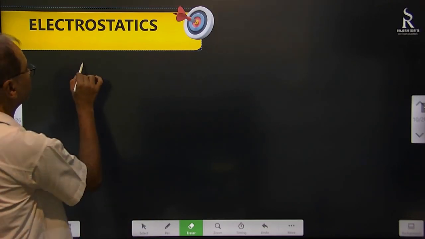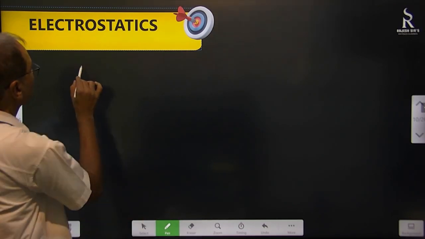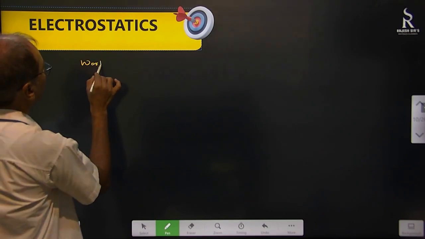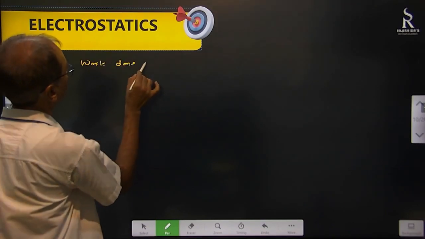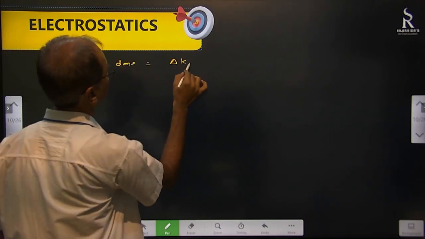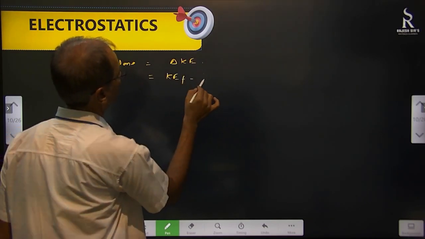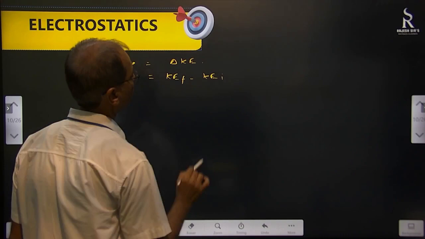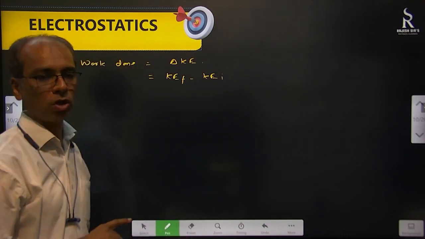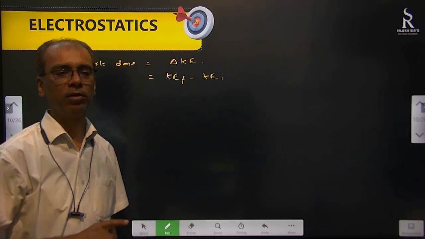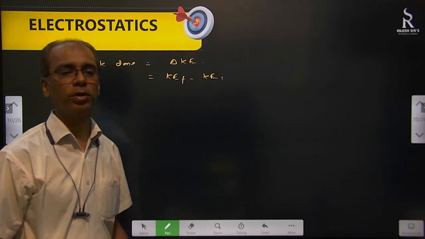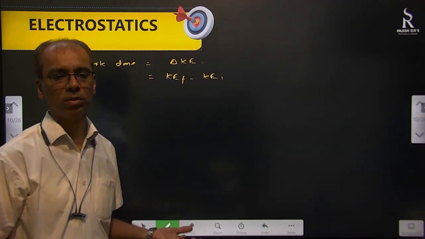So work done is equal to change in kinetic energy. Change means what? Kinetic energy final minus kinetic energy initial. Now, if the ball is going to stop, kinetic energy final will be what? 0. Because when it stops, velocity is 0, kinetic energy is 0.